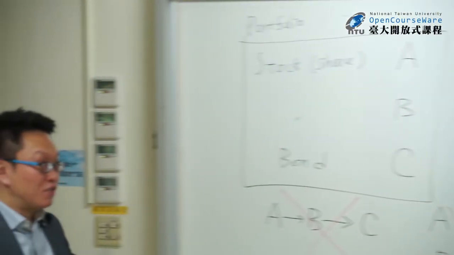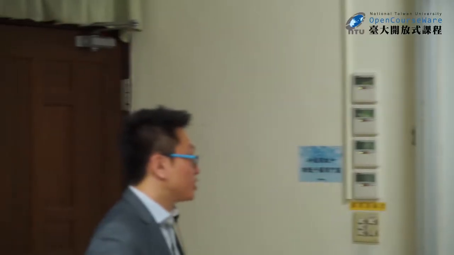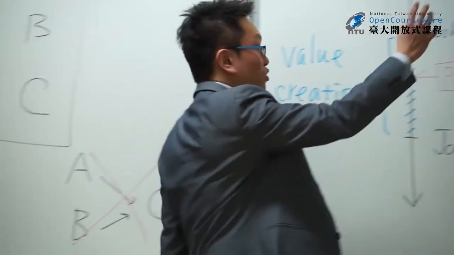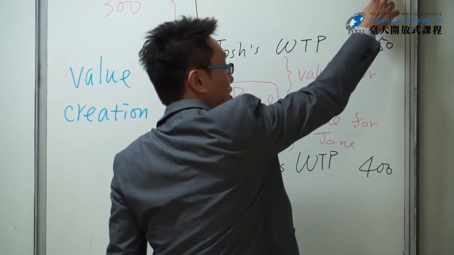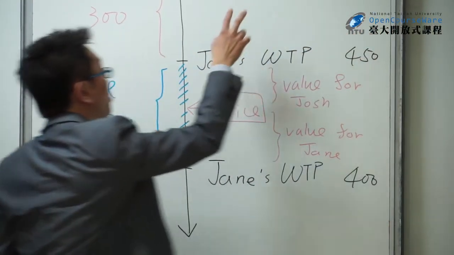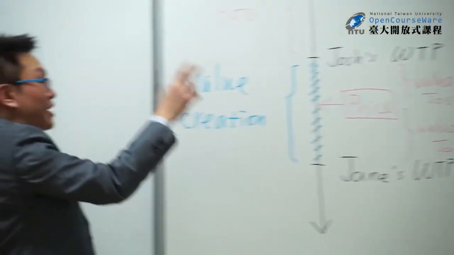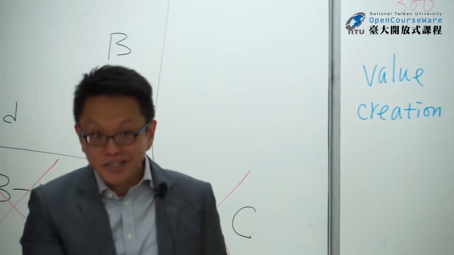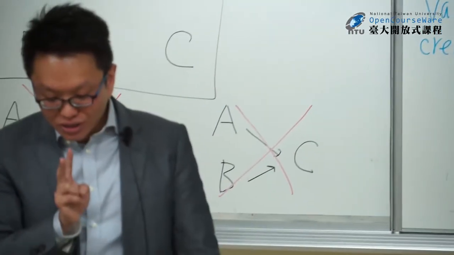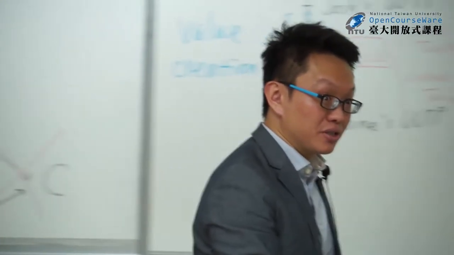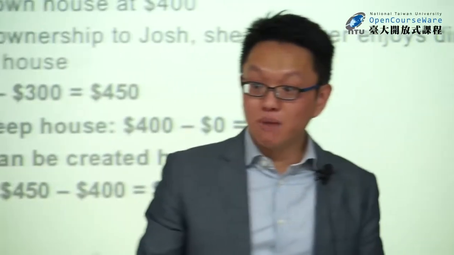If Jen says $460 and you decide to buy, the value for Josh will be 750 in utility minus the price 460, and the value Josh gets from the transaction will be 290, and $290 is lower than staying in Josh's original house, valued at $300. So Josh will walk away and pull out of the transaction.